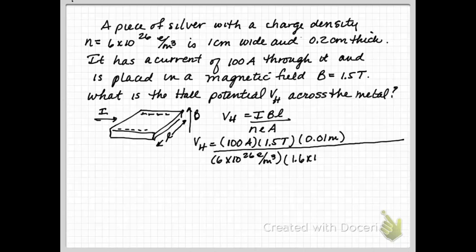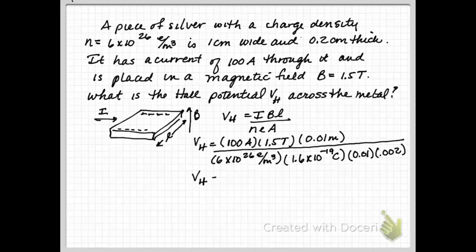Charge on an electron, and then the area, so it is the thickness, that's the cross-sectional area, so it's the thickness times the distance across.